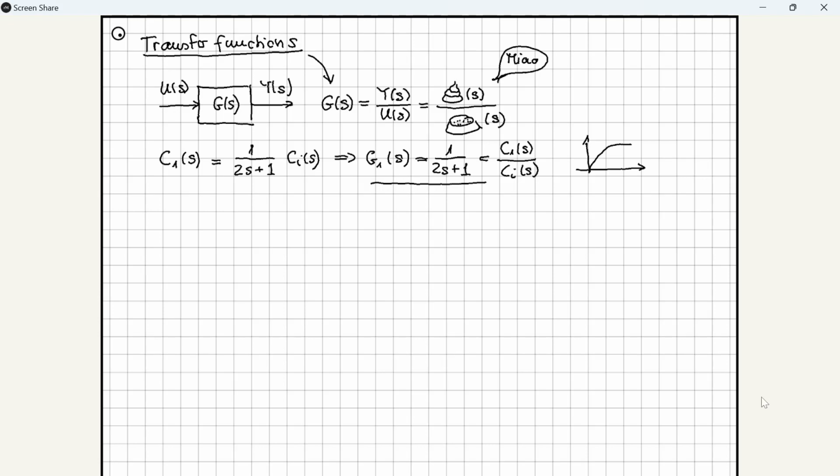Now let's look at another example. This is in the textbook, example 4.2. It's the electrically heated stirred tank. The process schematic for this looks as follows.